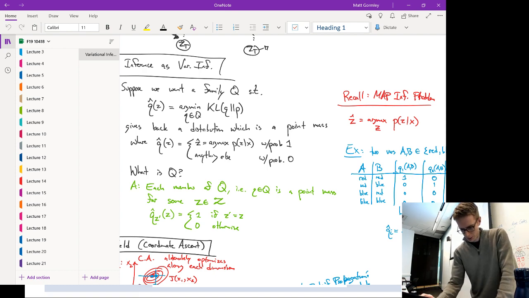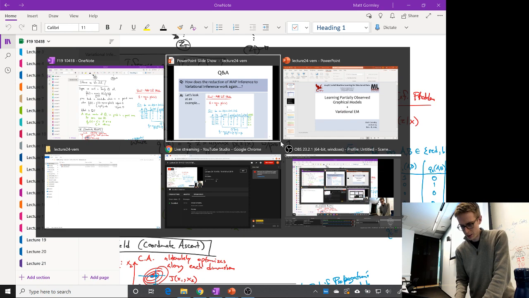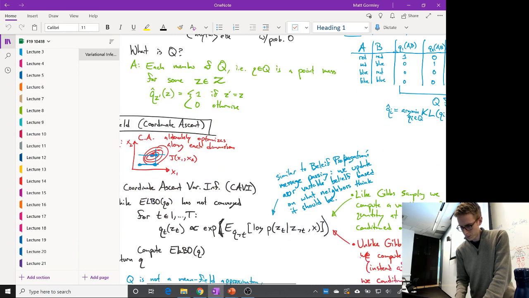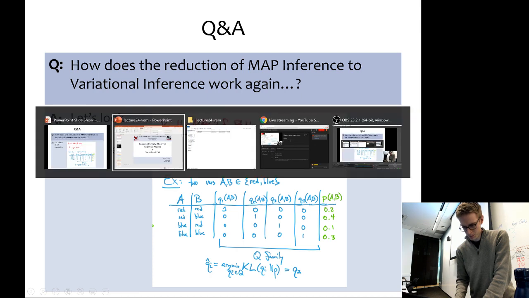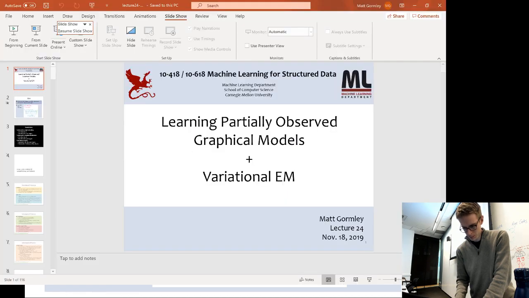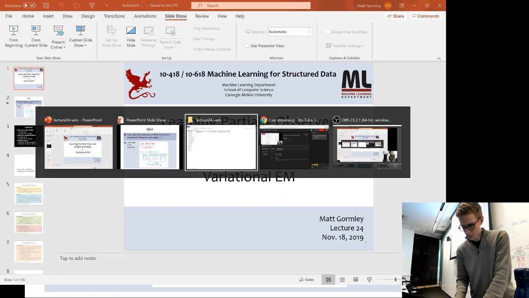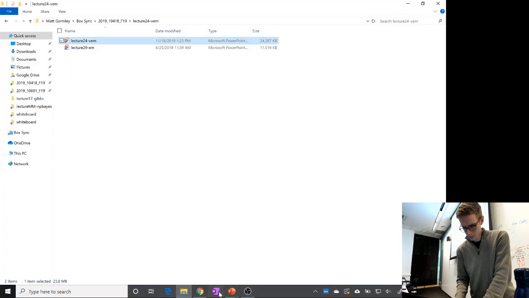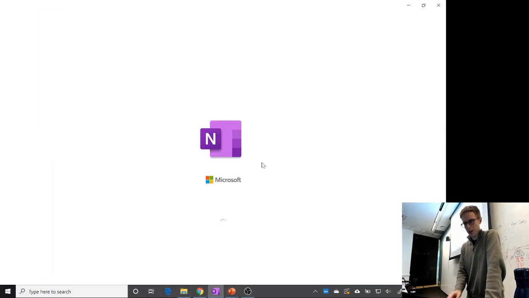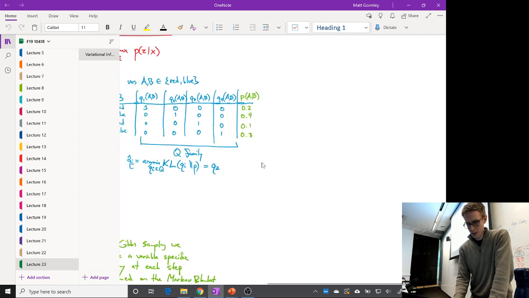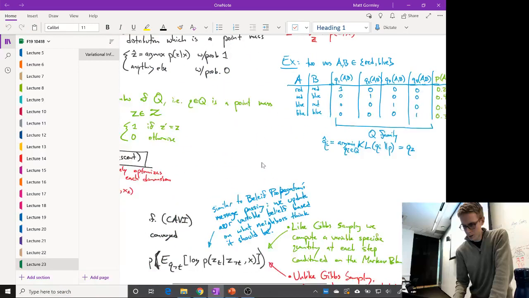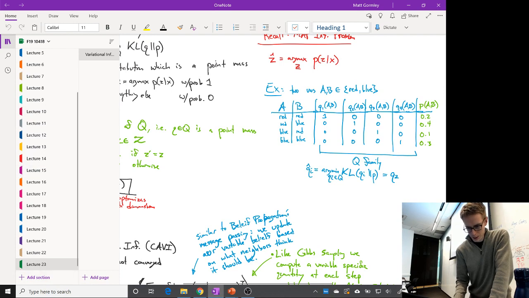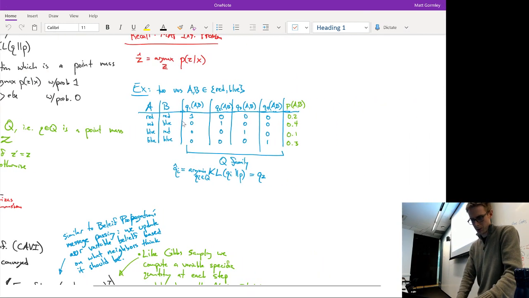OneNote has sort of stopped functioning on us here. See if we can get it back up again. Huh. Okay. I think we'll manage even though it's not fully functional here.